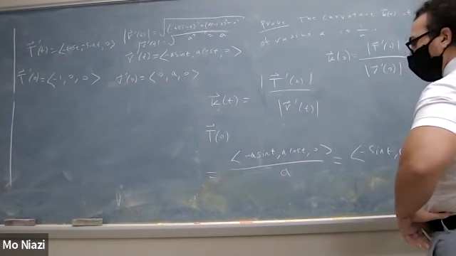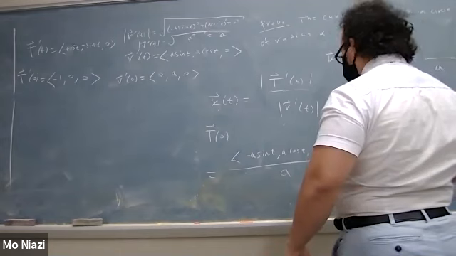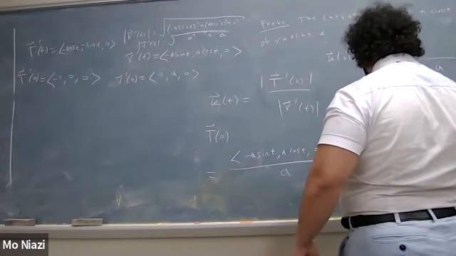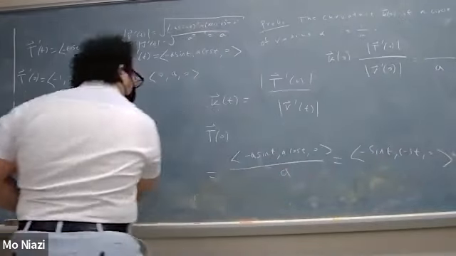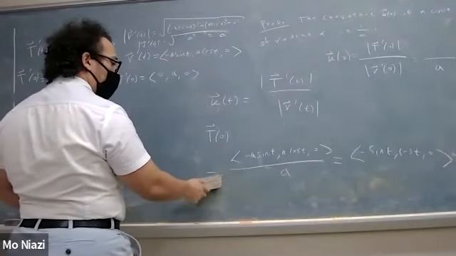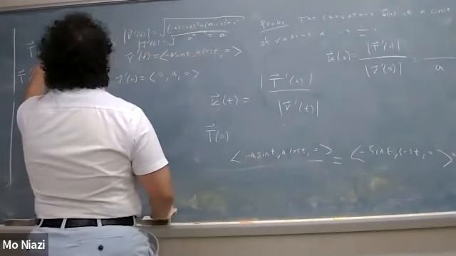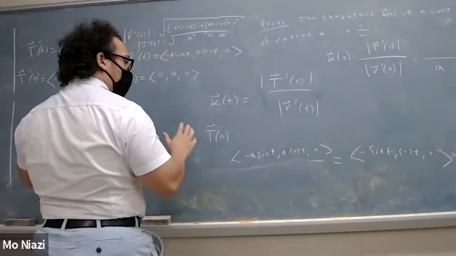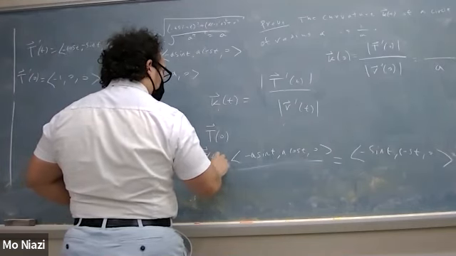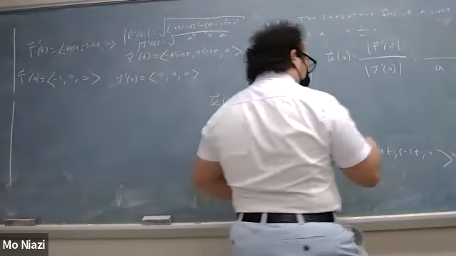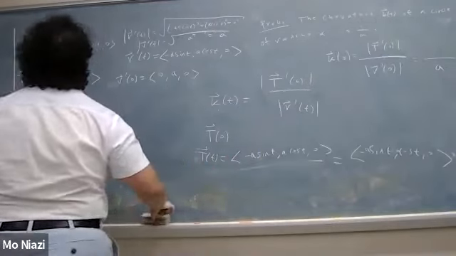Wait a second. This needs to have a's in it. What gives? Oh, see, I messed up this calculation here. I don't need to be dividing by a over here, because we were trying to calculate T prime. This is just T of t, and T prime would be its derivative, and those a's have to stay there, because they're just constants.